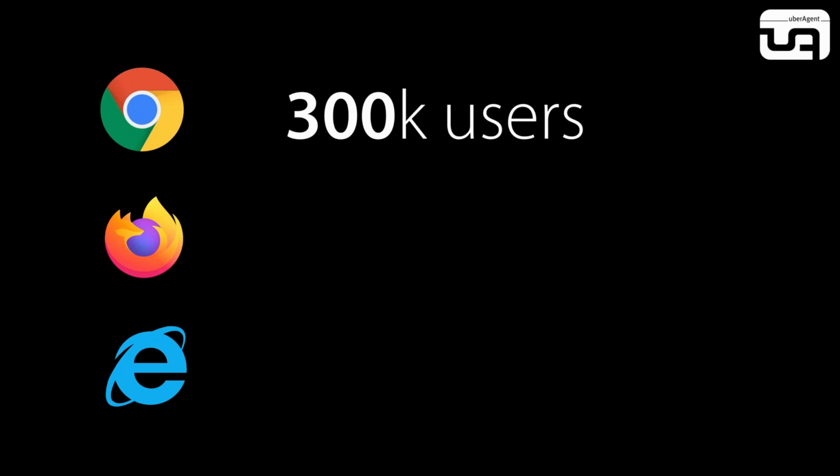For Chrome, we have approximately 300,000 users. That is just the number of users that have installed our Chrome browser extension. It's not the number of users that actually are using uberAgent in total. It's just that Chrome extension that we have. And the number, you can look that up for yourself.